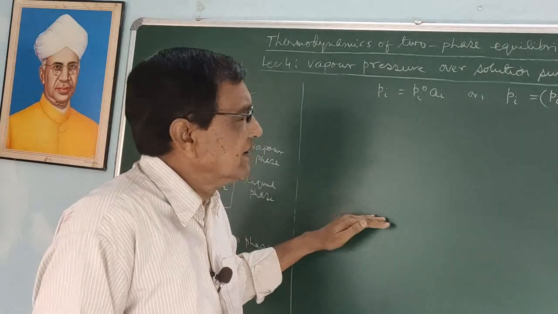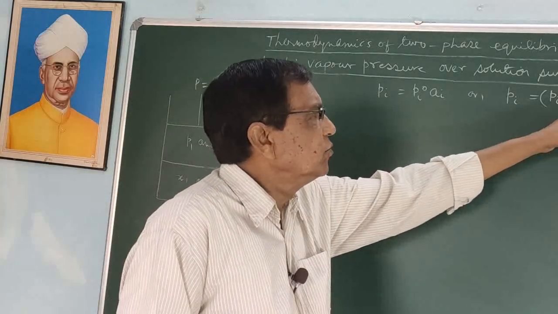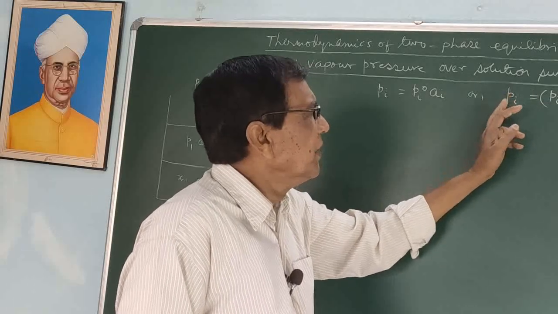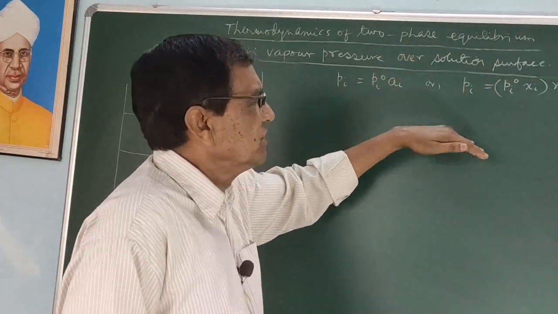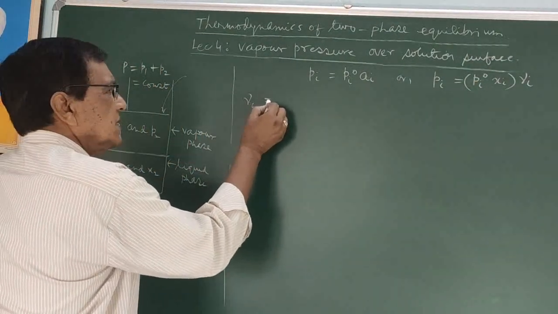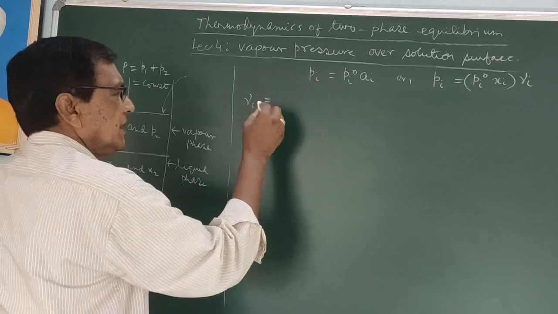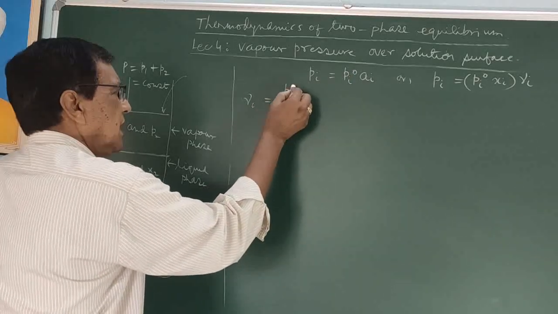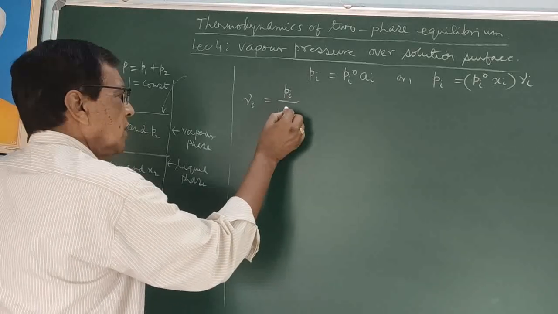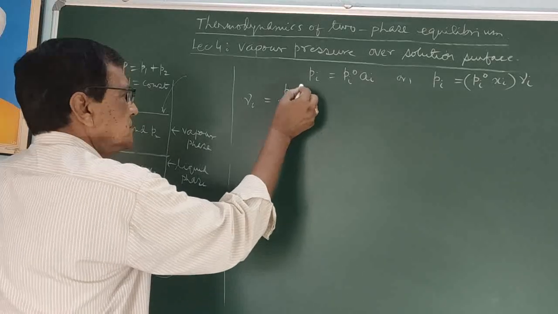Here, gamma i could be determined by measuring the vapor pressure over the solution of the i-th component. It means gamma i equals Pi divided by Pi naught Xi.